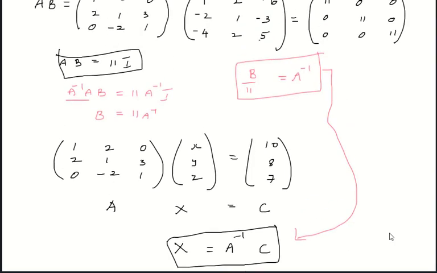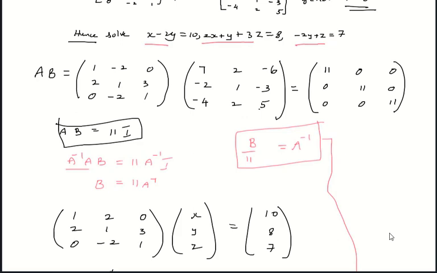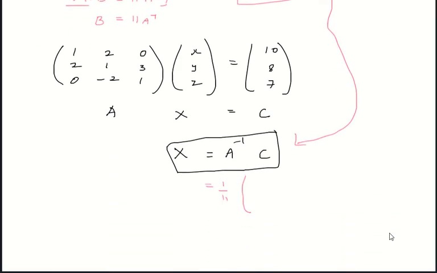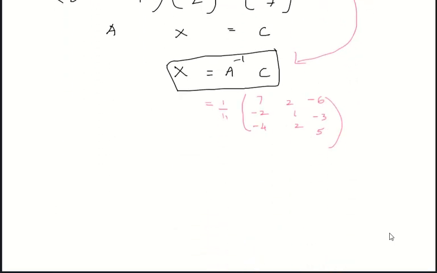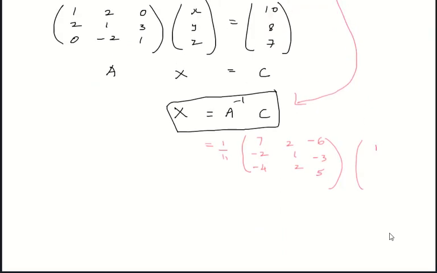The B matrix is 7, 2, negative 6, negative 2, 1, negative 3, negative 4, 2, 5. So A inverse is B matrix by 11 into the C matrix. What is the C matrix? 10, 8, 7.